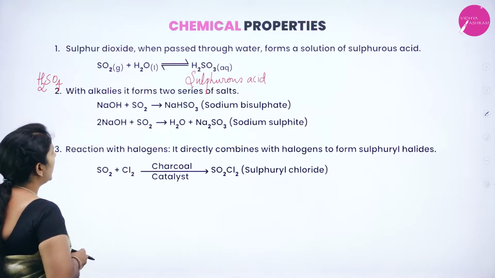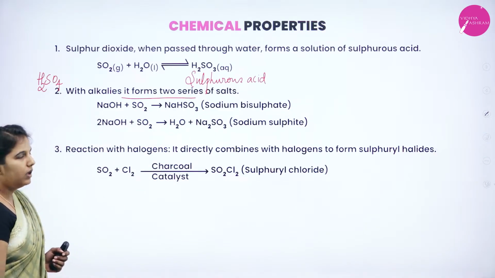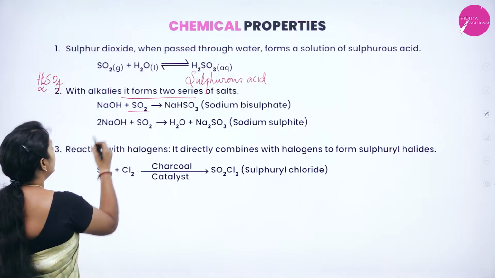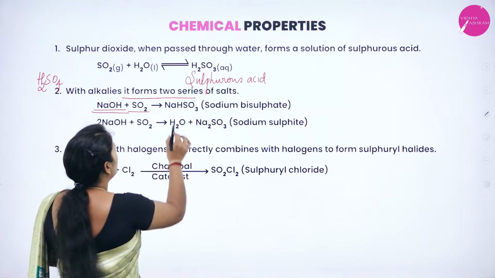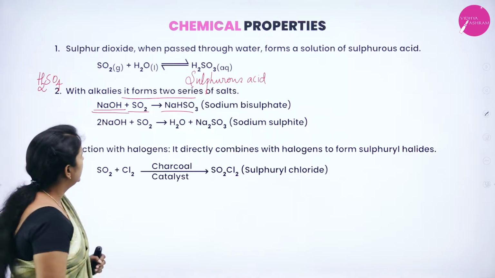And with alkali, it forms two series of salts. What does it form? Suppose you take sulfur dioxide and treat it with a strong alkali, sodium bisulfite will be formed.